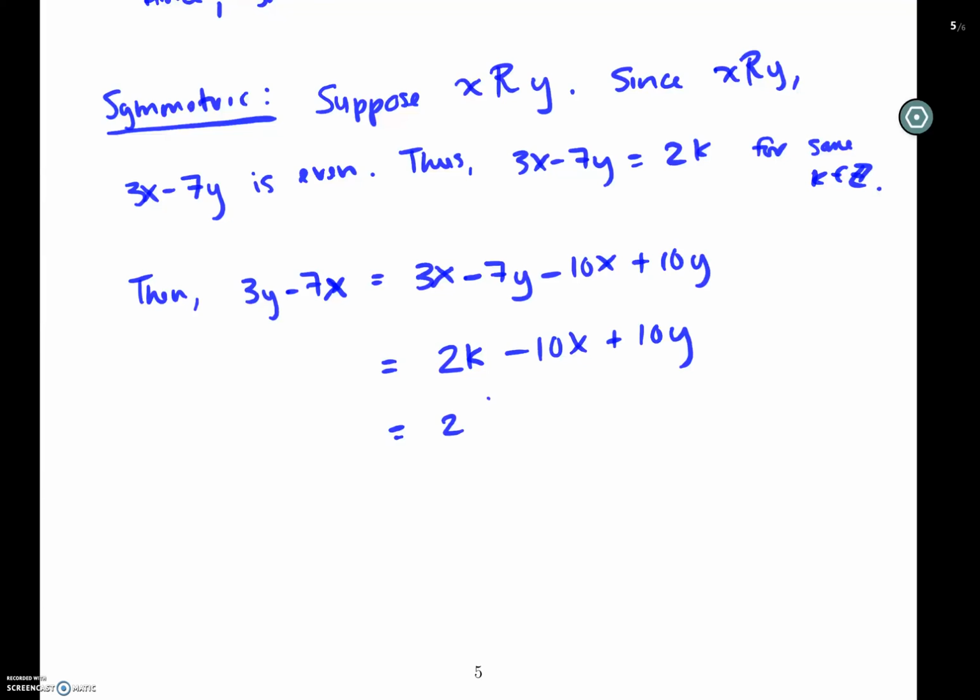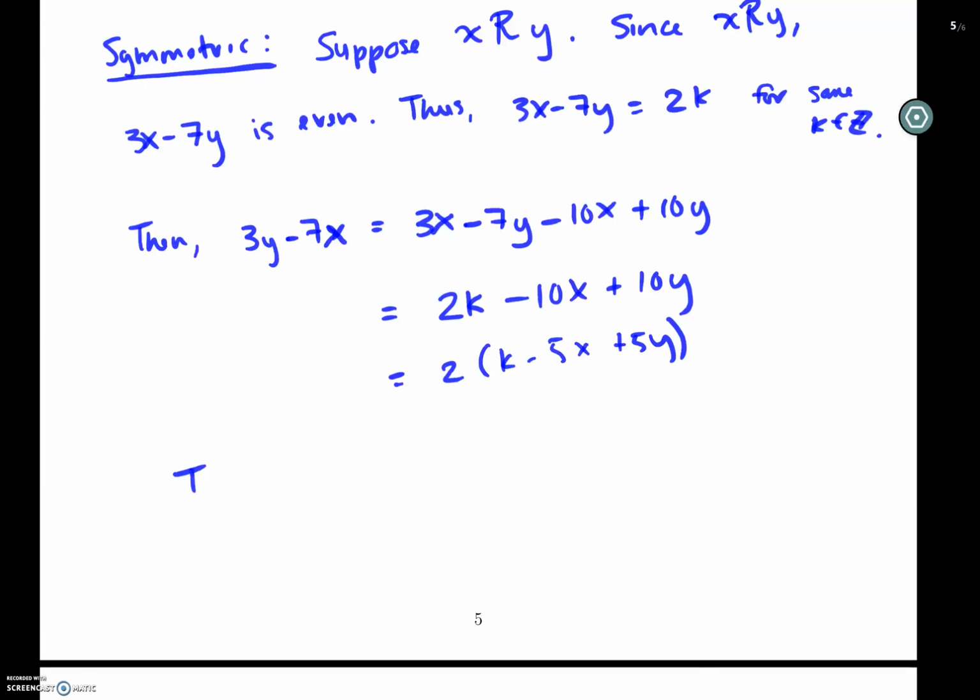And now we can factor out a 2, which will leave us with 2 times an integer, which we know is even. So thus, we know that 3y minus 7x is even, so we know that, in this case, y is also related to x.